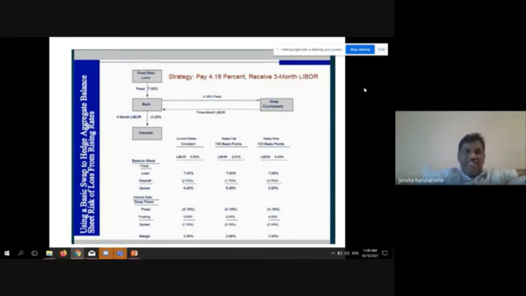Before I move on to this exercise, I want to just ask you. Let's say the current LIBOR rate is 3%. Let's say the LIBOR rate goes up to 8%. What's going to happen?